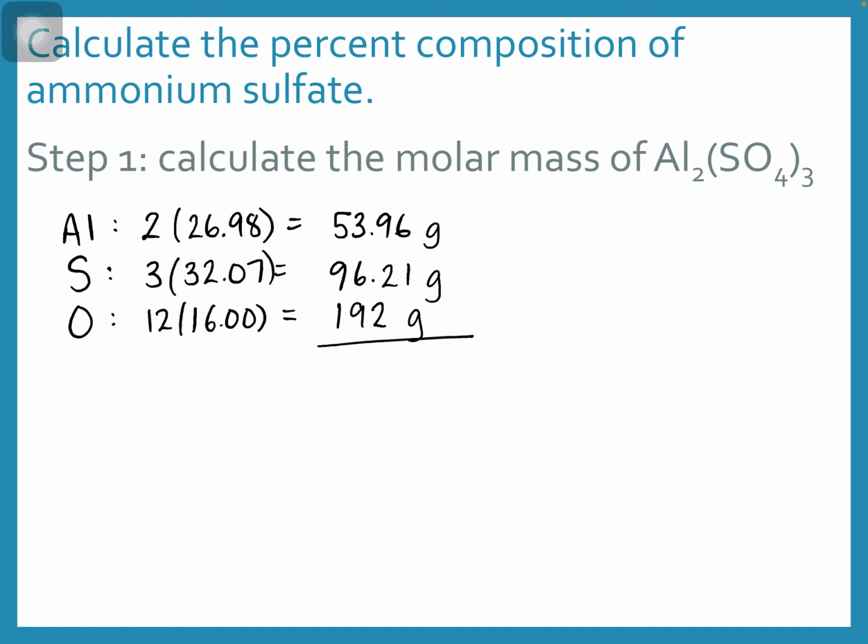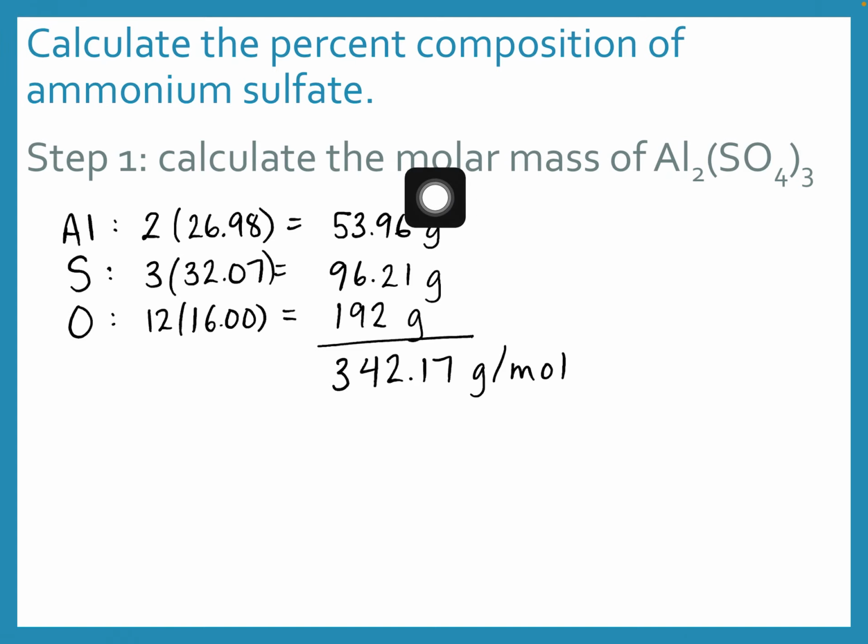Then I can add that total up to solve for the molar mass for aluminum sulfate. So 342.17 grams per mole of aluminum sulfate.